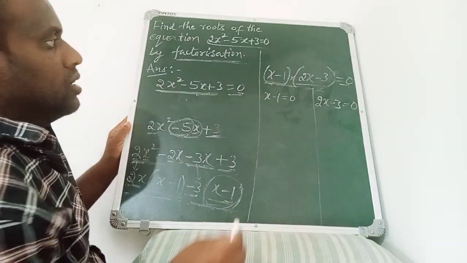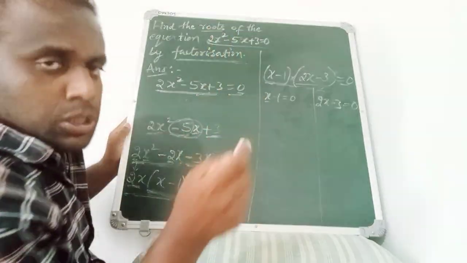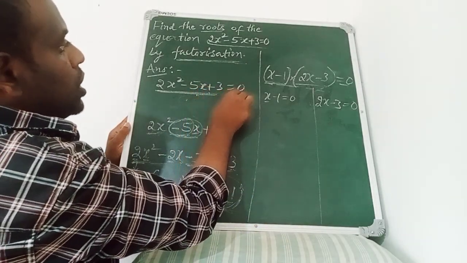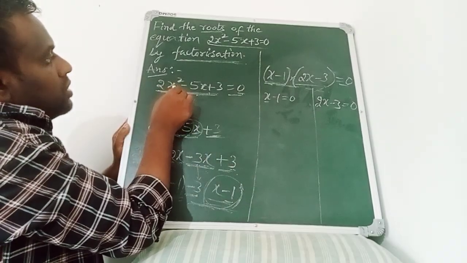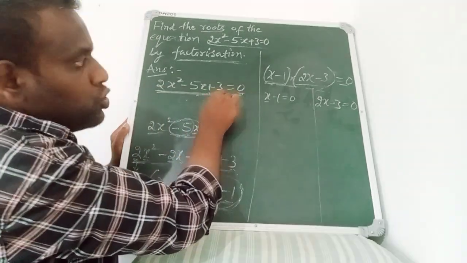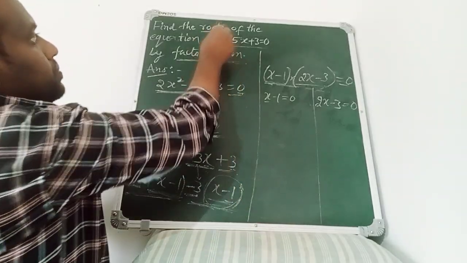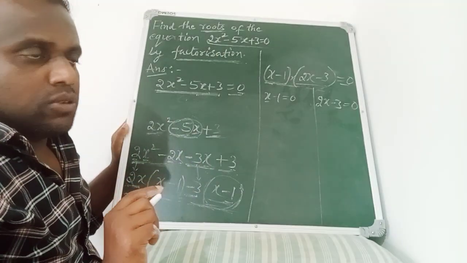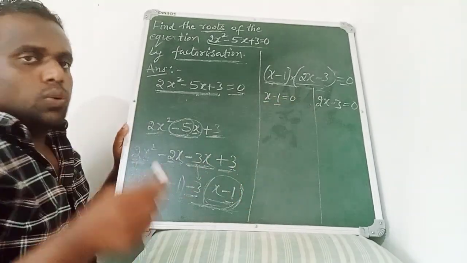Got it? Now we need the x values, the roots. Roots means what? We have to find the x values that make these equations equal to 0. That means when you substitute these x values in place of x and simplify this part, we should get 0. So those x values are called roots. Now we need to find those x values. We want x, we don't want minus 1. What do you have to do?